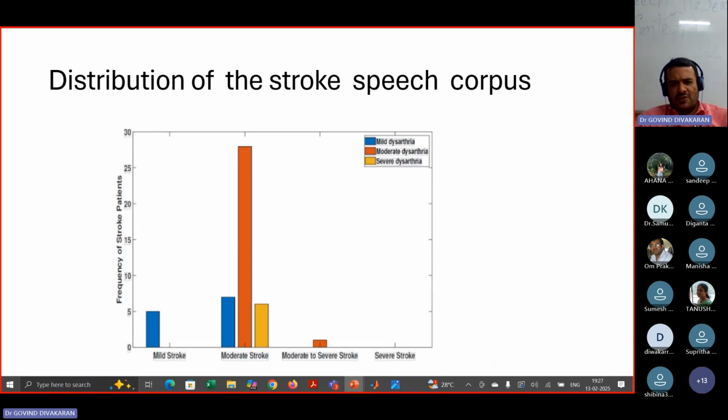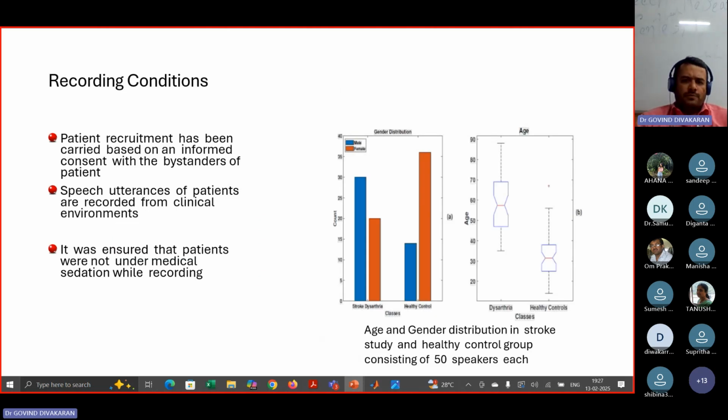the various categories of samples that we have. Okay, as you can see, for severe stroke we don't have any samples because most of the higher NIHSS score patients will have difficulty in speaking. And also regarding recording conditions, we are recording using multiple devices. Android mobile phones are used, and we are also using sound recorders, Zoom recorders.